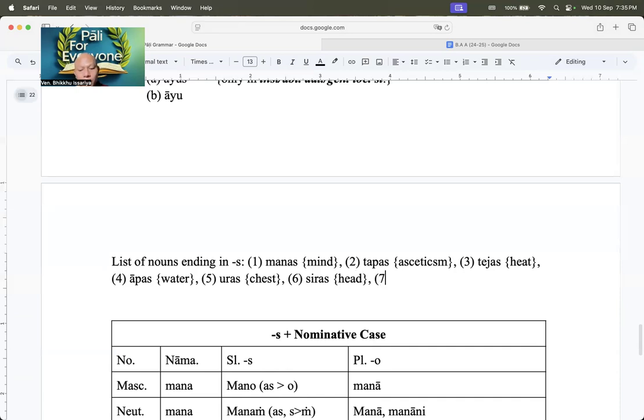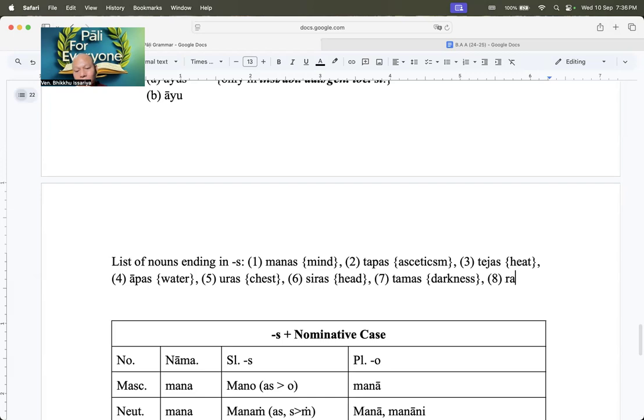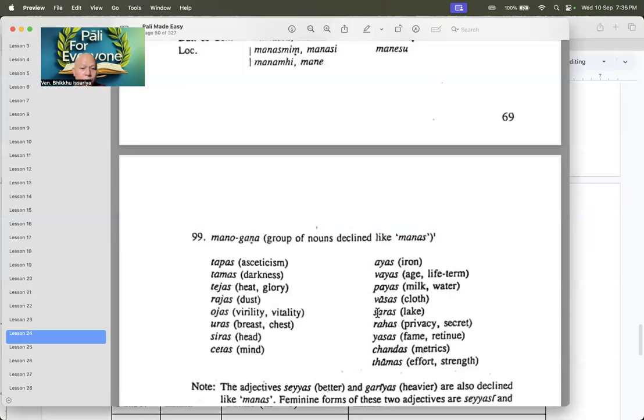And then tamas. Tamas means darkness. And then number 8, rajas. So rajas means dust. And then number 9, ojas.